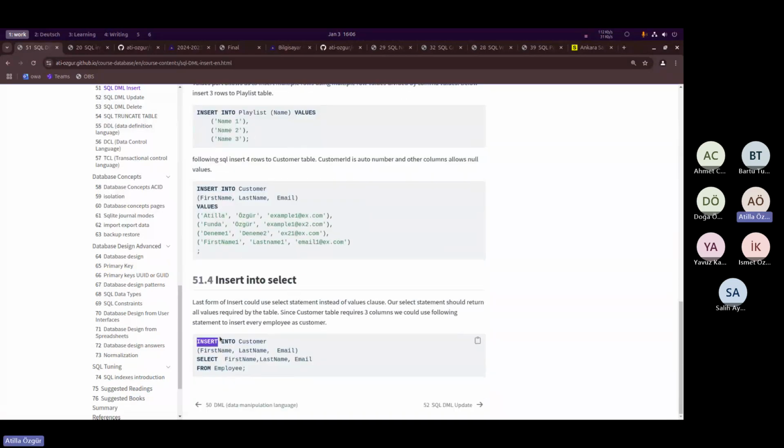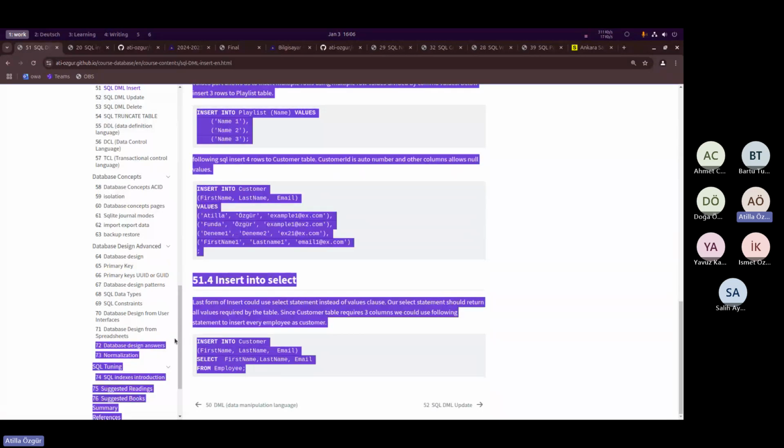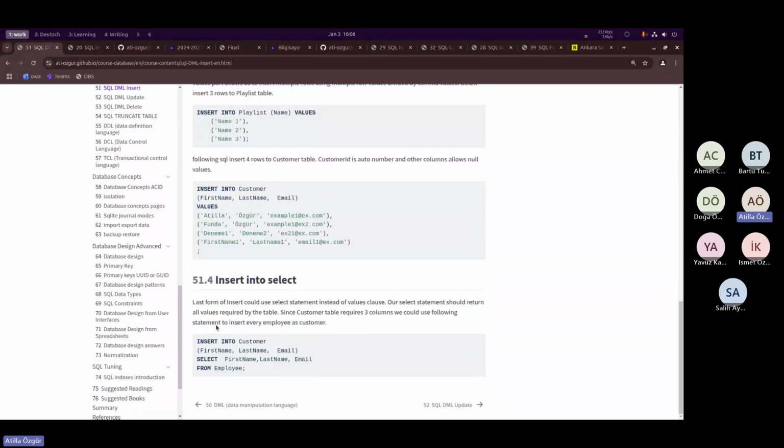And we have insert into customer, for example, with a select statement. Again, these are basic stuff. I don't know, even if I wanted to, how could I include insert, update, delete statements in the exam? But these are basic and you are responsible for them.